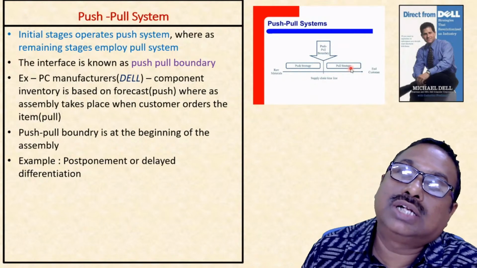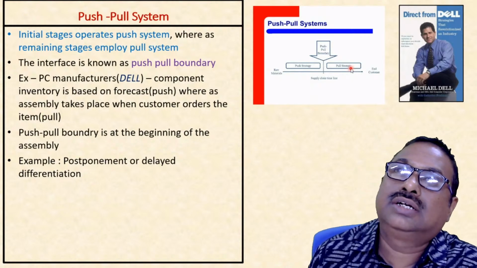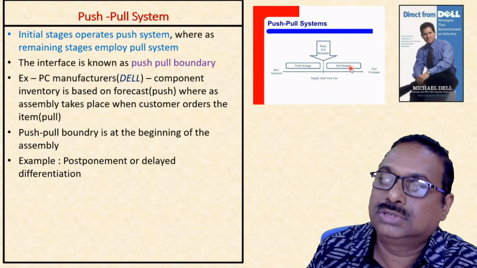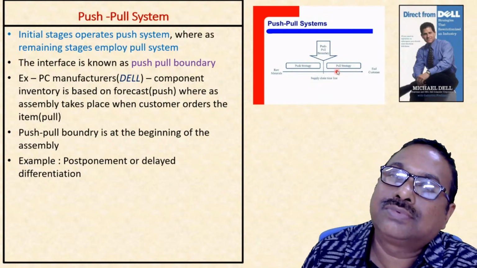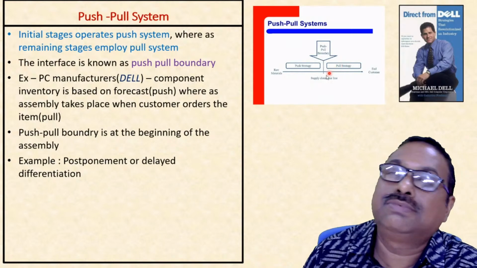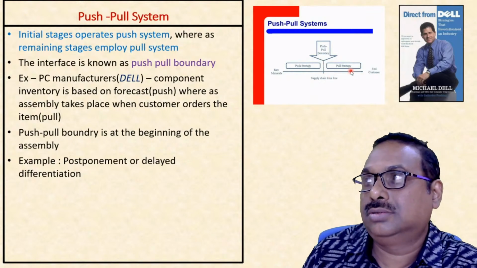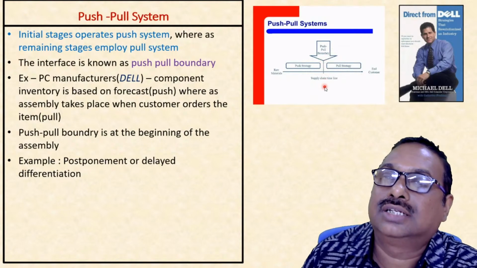Then a customer wants, suppose TCS wants from Dell 2000 systems with some specific customization. Then the pull part starts. That means they will assemble according to the TCS orders. So the pull part starts here, right?